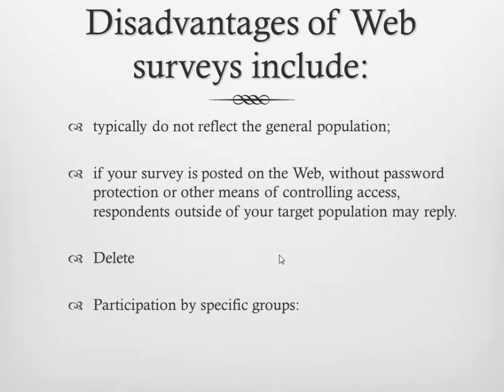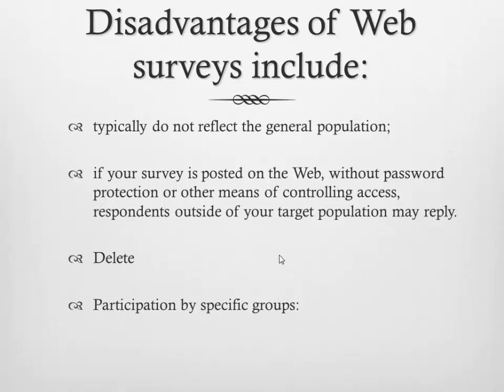Disadvantages of web surveys include that they typically do not reflect the general population because of access issues that we'll talk about. If your survey is posted on the web, another issue is that, let's say you've been given permission to post it on a website where you think people who are interested in the topic of your research are likely to go.